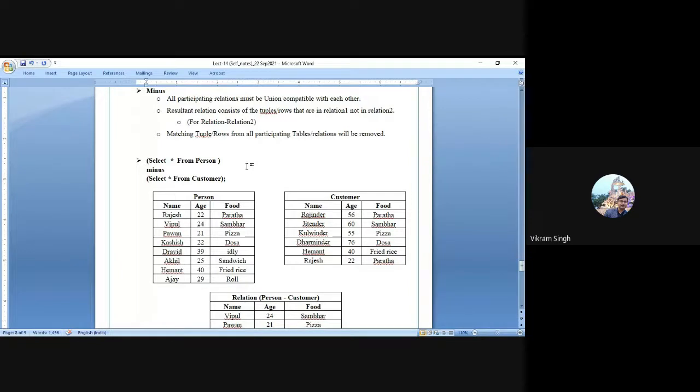The very first table is called person. This creates the first set, and the second query will create the second set. If you perform a comparison between these two, all the tuples in the customer database table which have a match in the person table will be removed from the resulting table, right?